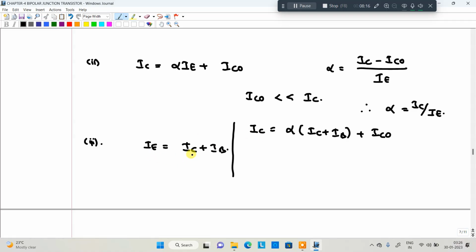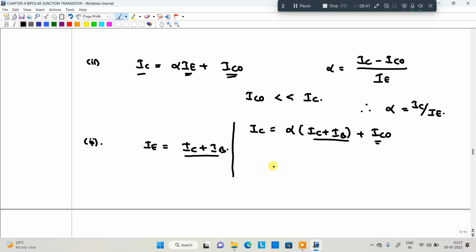IE is nothing but IC plus IB, so I can replace it with IC plus IB, and ICO is already there. So I will give the final conclusion formulas. Remember those formulas, that is enough for the examination, because there is very little time.